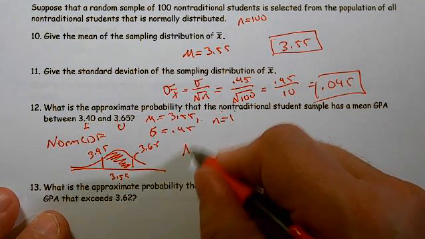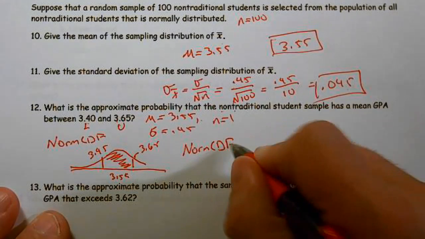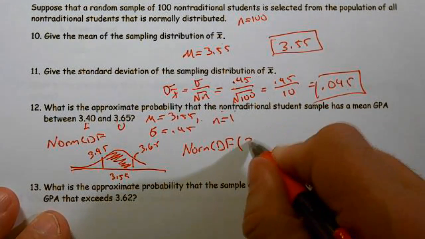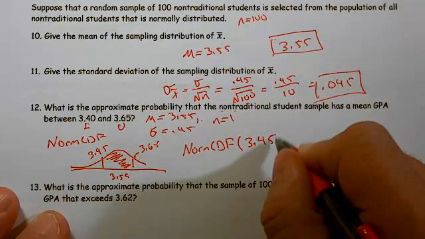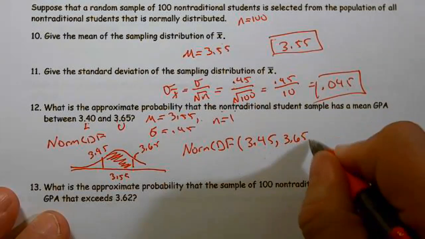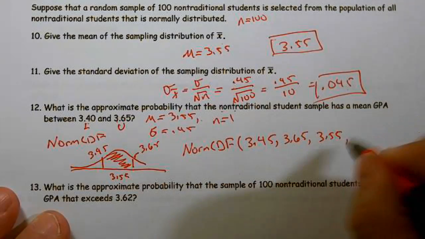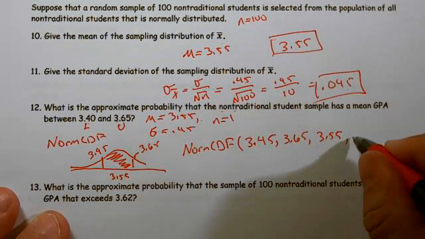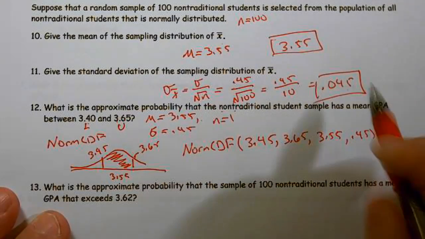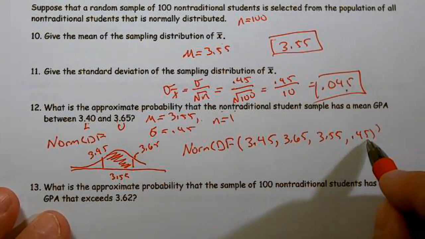So if I go norm CDF, lower bound, because they gave me a range, 3.45, upper bound 3.65, mean of 3.55, standard deviation of 0.45, and I didn't have to use the 0.045 because I'm only working with one.